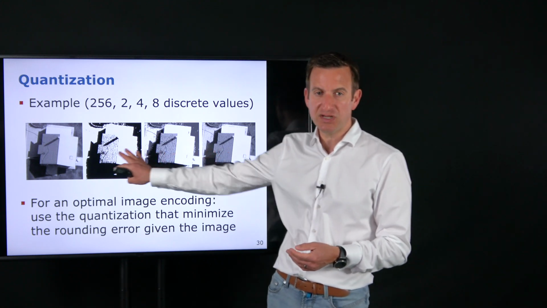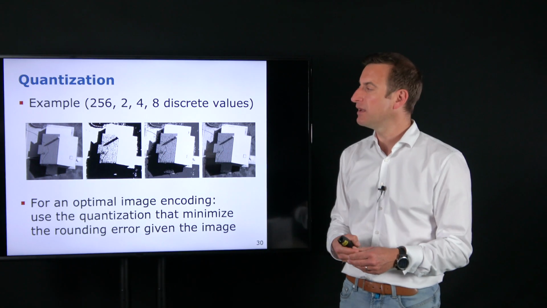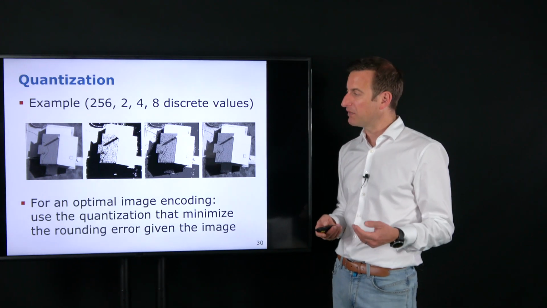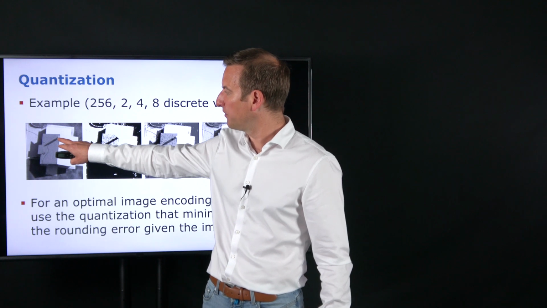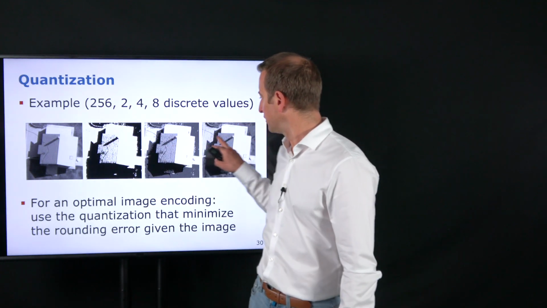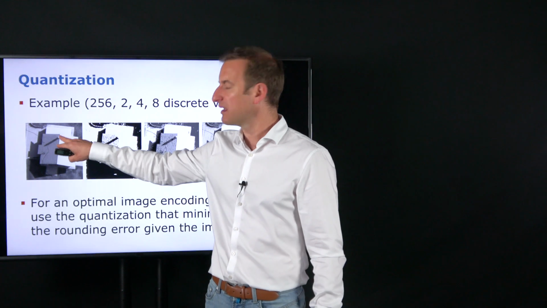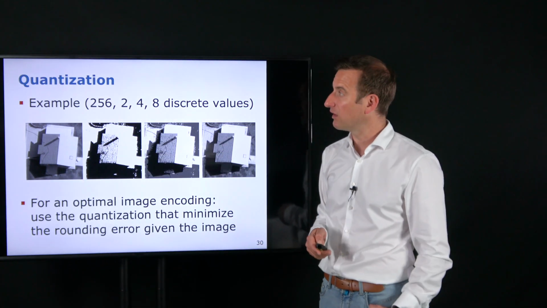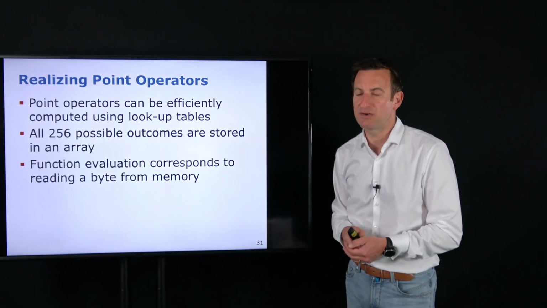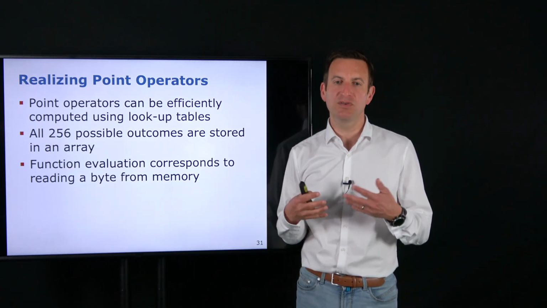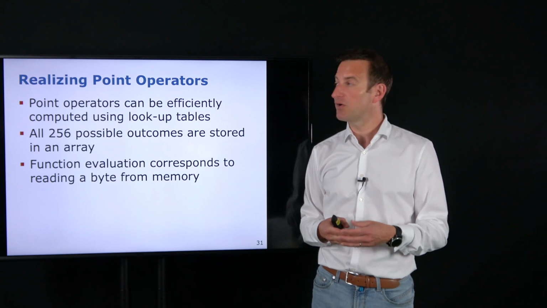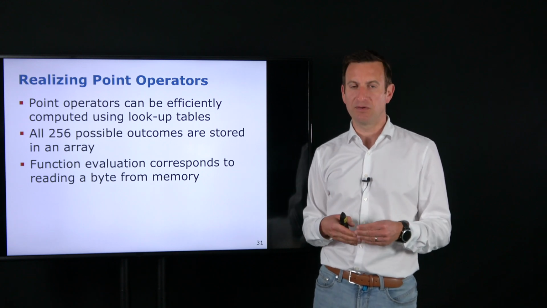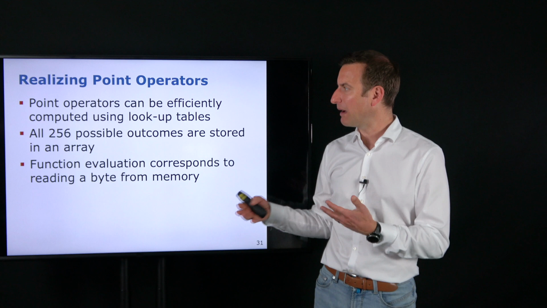It's not a linear function anymore. It's a general function, but it's a simple point operator, because the mapping, which color will this pixel result into here, here, or here, doesn't depend on anything else than the pixel value itself. And those point operators can be computed or generated very efficiently and especially used very efficiently, because they are basically lookup tables, or also called LUTs for lookup table.